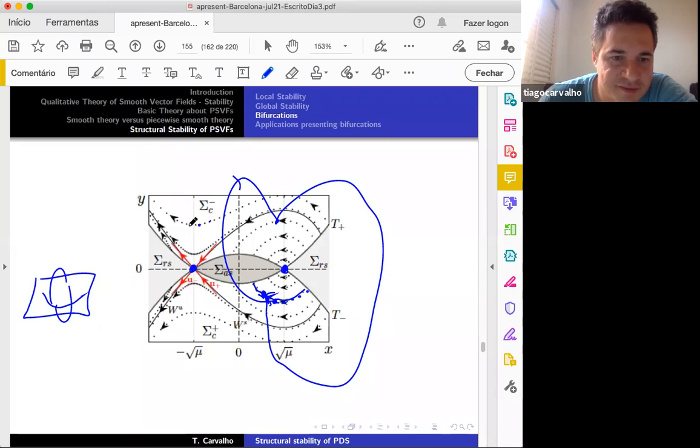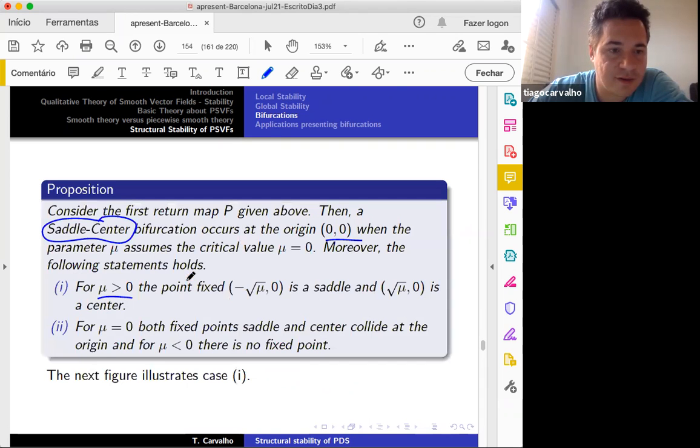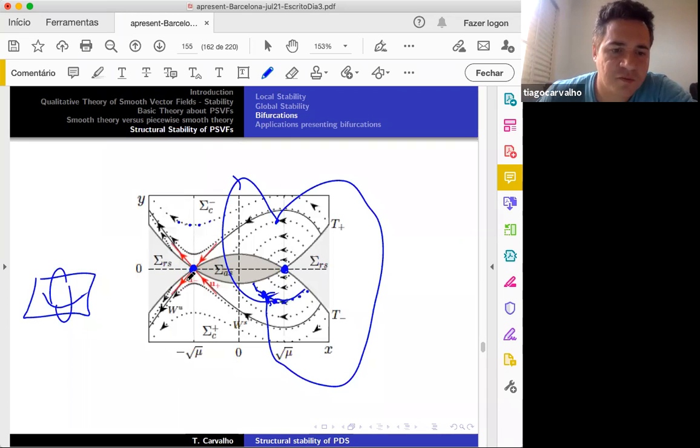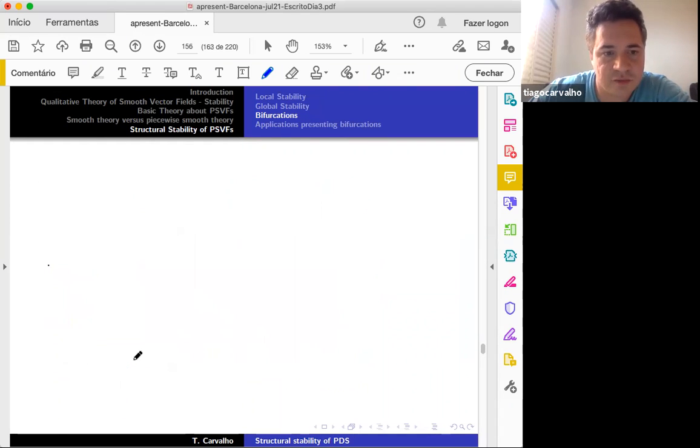These points pictured here are the points where the first return map is reaching the switching manifold sigma. So there is a saddle-center bifurcation in this situation. Of course, this is the case mu positive.